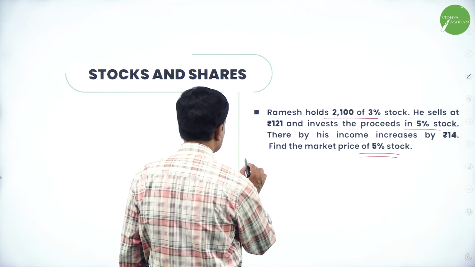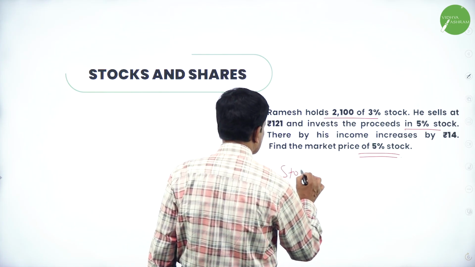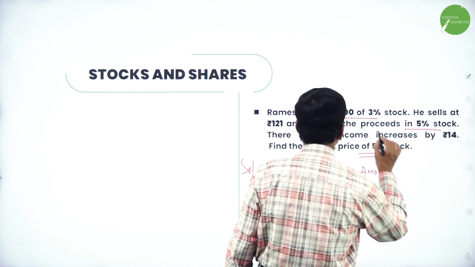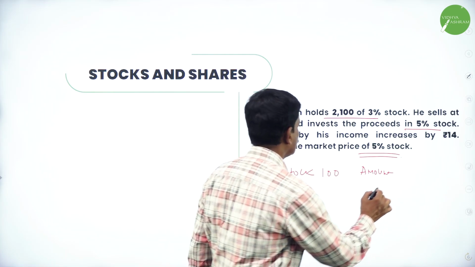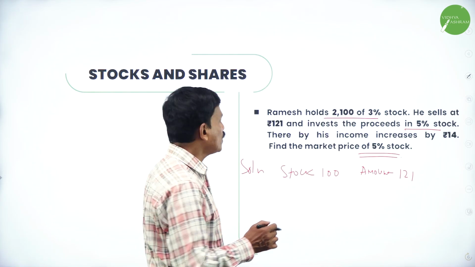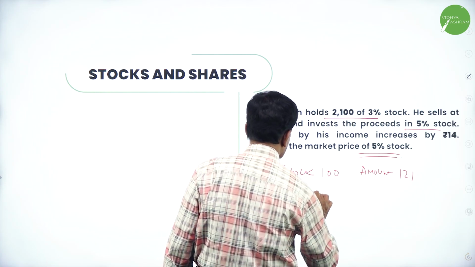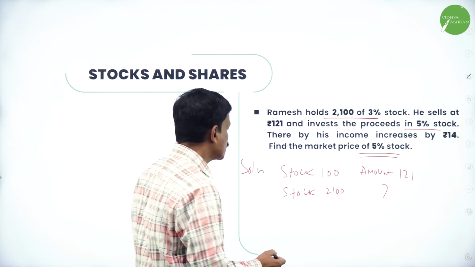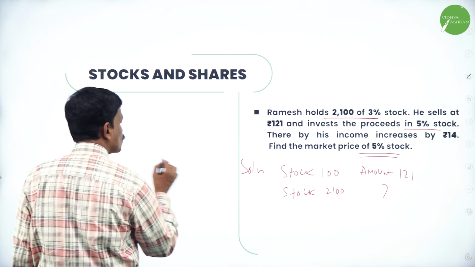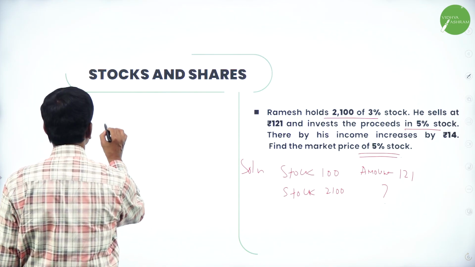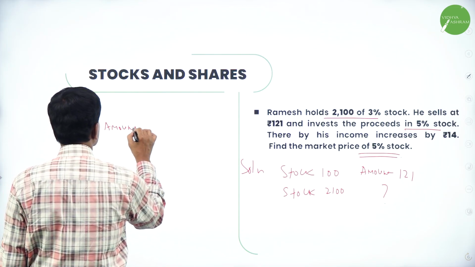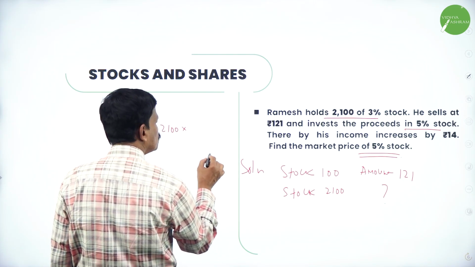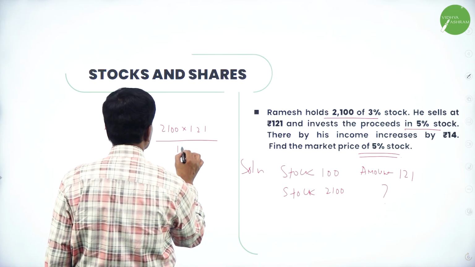Okay. The solution: for stock 100, the amount is 121. For stock 2,100, the amount is the question mark. Now cross multiply. The amount is equal to 2,100 into 121 divided by 100.